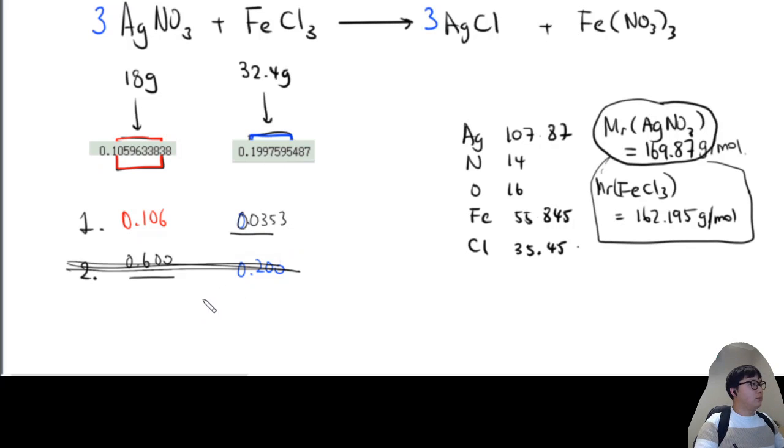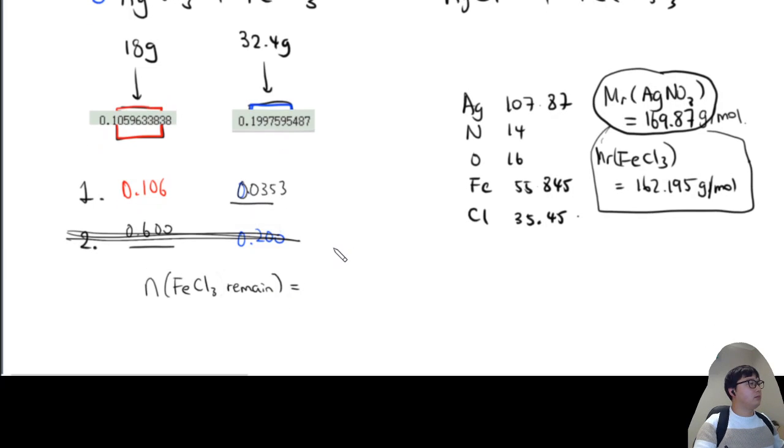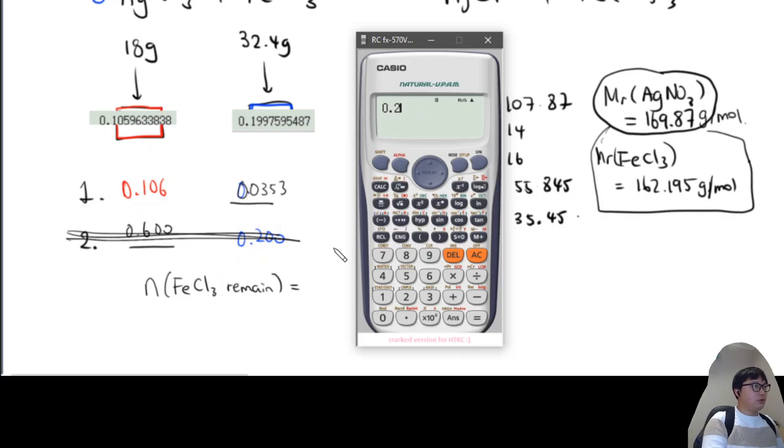Okay, so the number of moles of FeCl3 remaining is how much? Just that minus that, right? It'll be 0.2 minus, we can just take the whole decimals, okay?